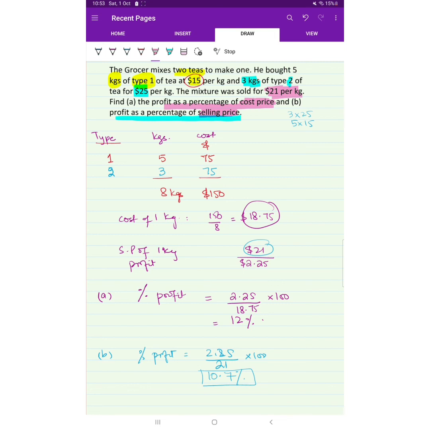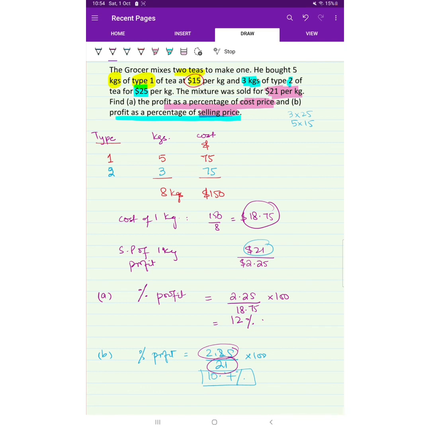And also, when you are taking the profit for 1 kg, you will have to take the price for 1 kg also. I couldn't have taken 150 here because that was for 8 kgs.